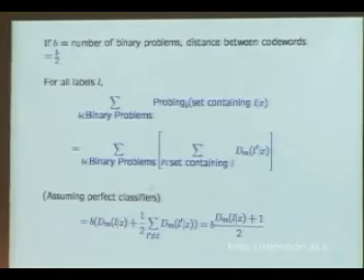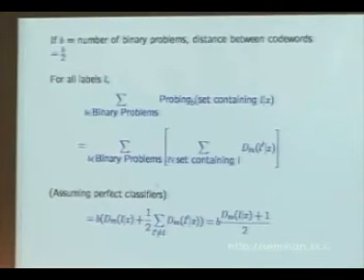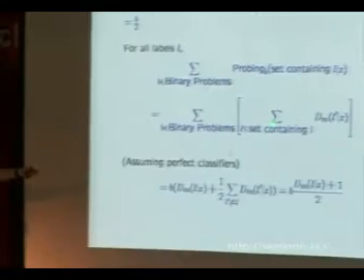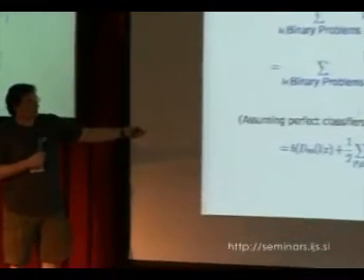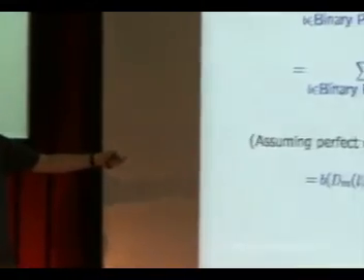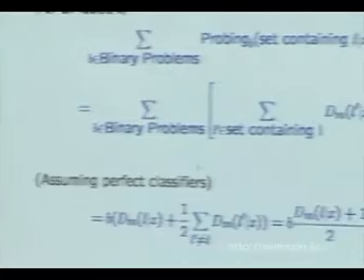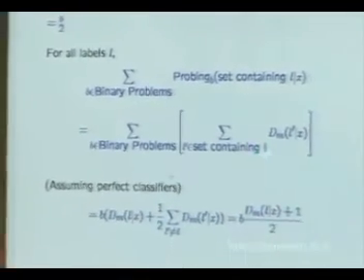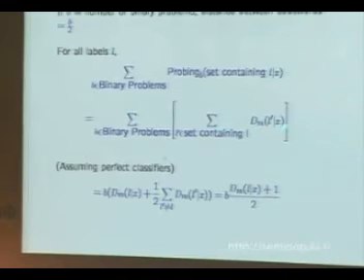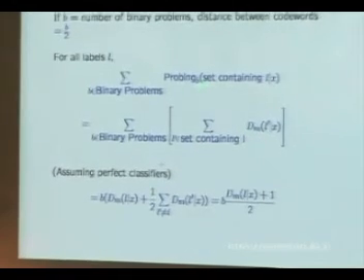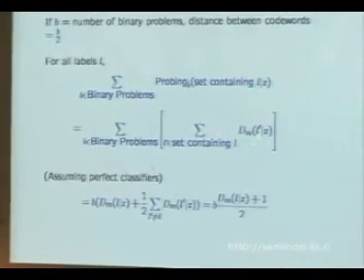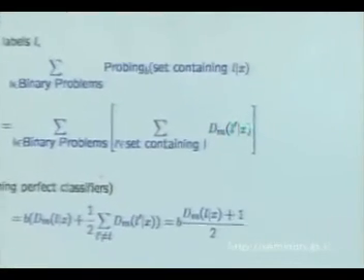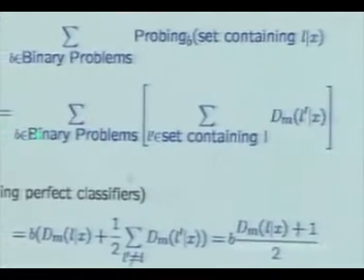And then there's a magic reordering trick. So we have a sum over binary problems and a sum over probabilities of label L prime given X. So it turns out that for the critical label L, it's always going to appear in here because we're looking at the set containing L, right? So we have a term which is like the probability of L given X repeated B times.